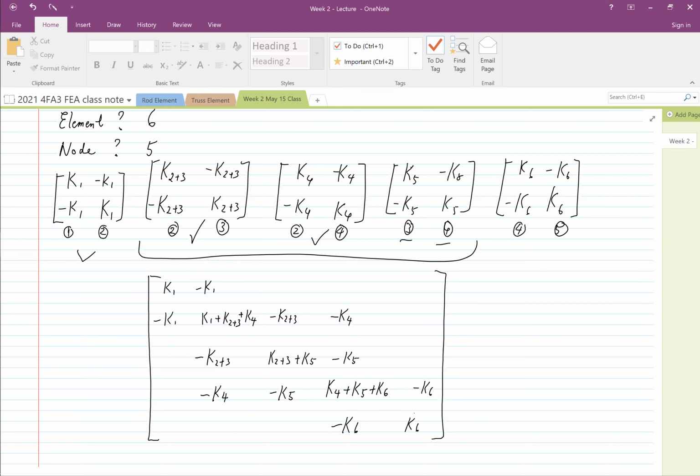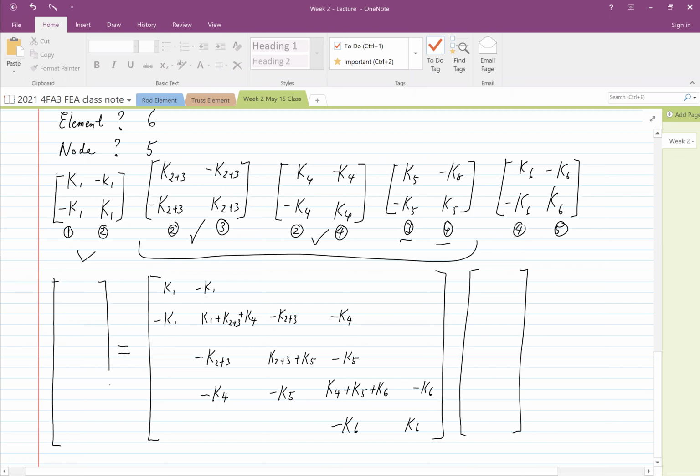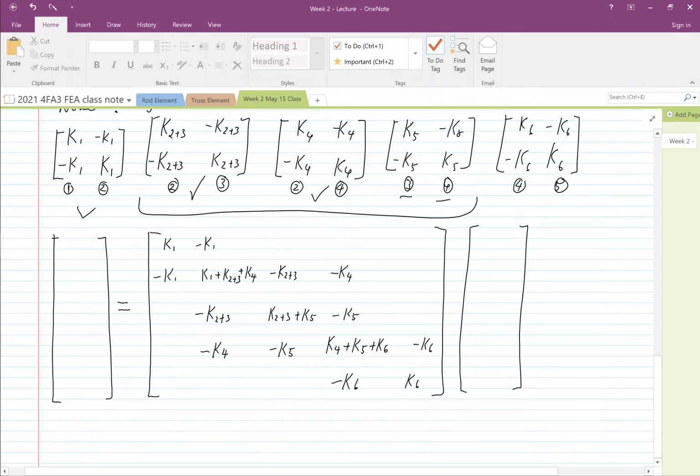So, do you have any questions so far? Professor, I find it easy to develop the global matrix like we did last time with the force equal to K1 multiplied by U1 minus U2. We're doing that right now. The left column is a force matrix.